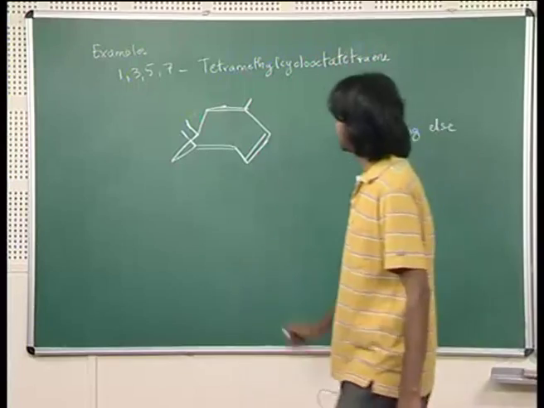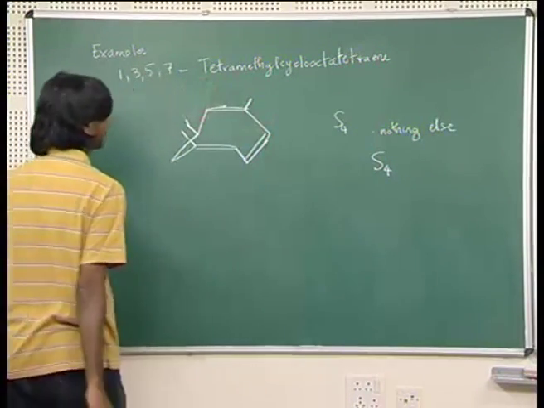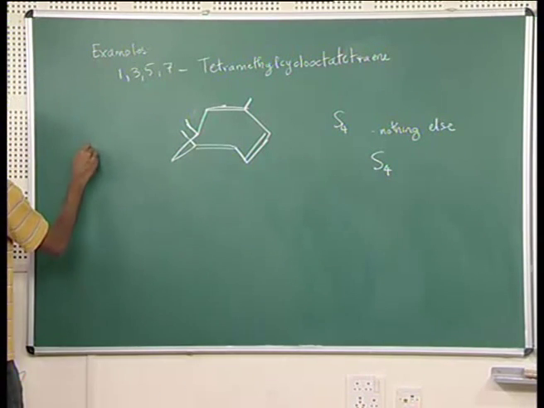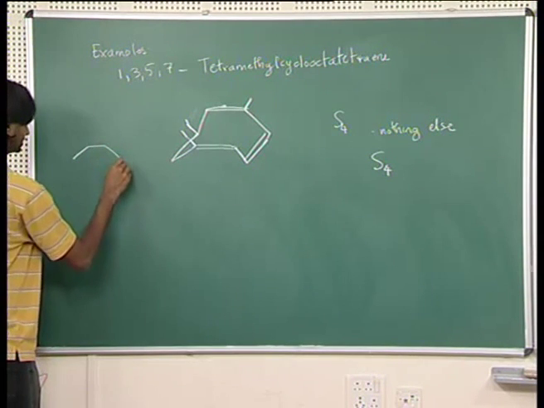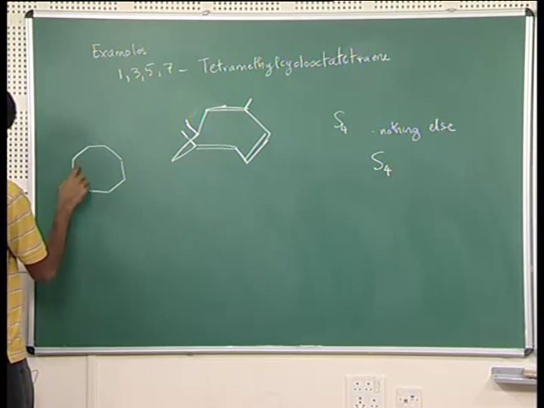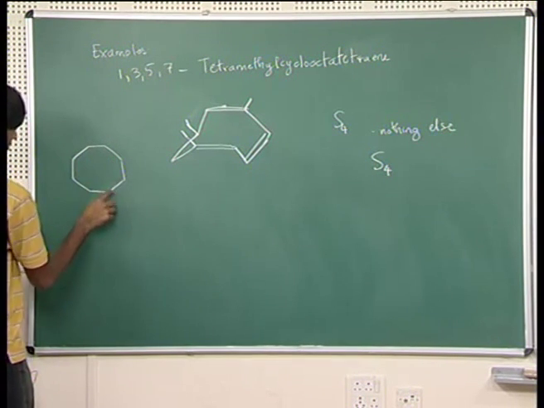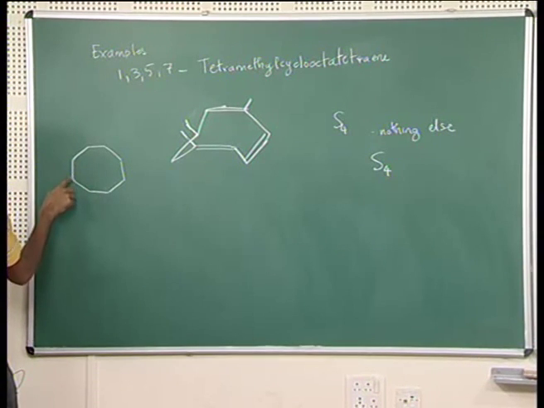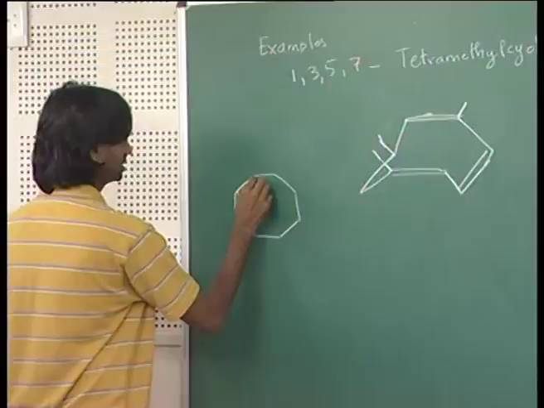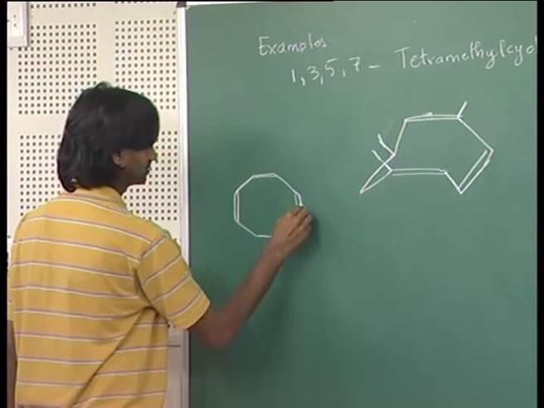So, let us take the case of 1,3,5,7-tetramethylcyclooctatetraene. This is basically a molecule that looks like this. It has 2, 3, 4, 5, 6, 7, 8 carbons. So it is a cycloocta, and there are 4 double bonds, tetraene, and it is 1, 3, 5, 7.